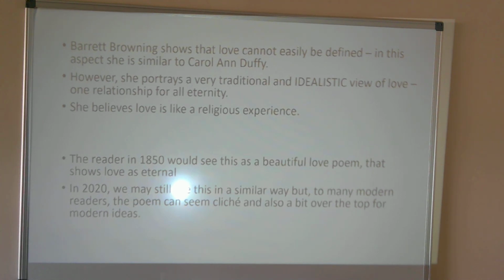However, Barrett Browning portrays a very traditional and idealistic view of love as some sort of perfection, a relationship that will last for all eternity, whereas we know Carol Ann Duffy in Valentine portrays a much more realistic view of love. And again, Barrett Browning believes love is like a religious experience. The only religious connotations in Duffy's poem are the idea of marriage, a wedding ring, and even that is seen as an option. So the poems are not the same, however, they do share this one aspect that both struggle to define what love is.